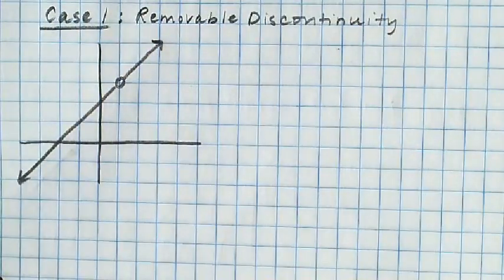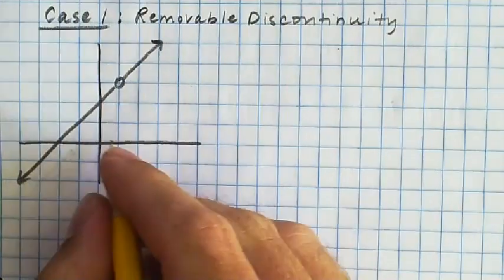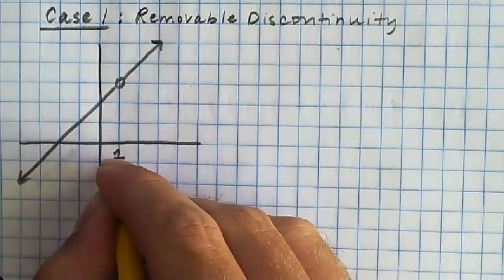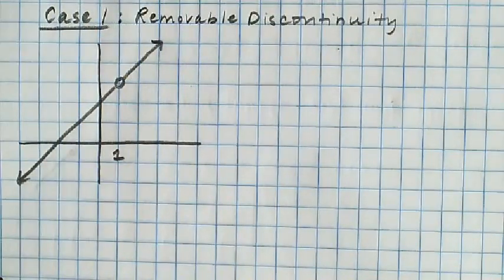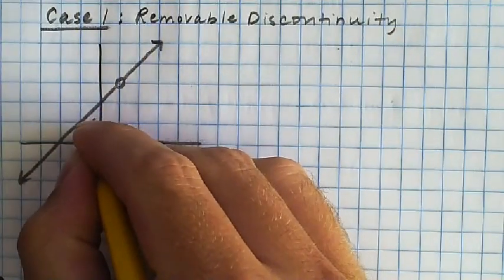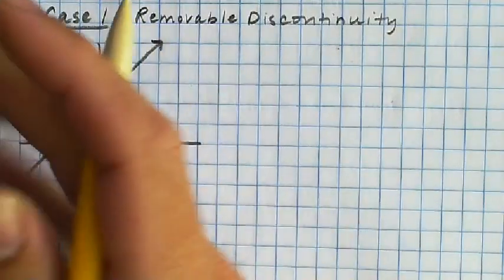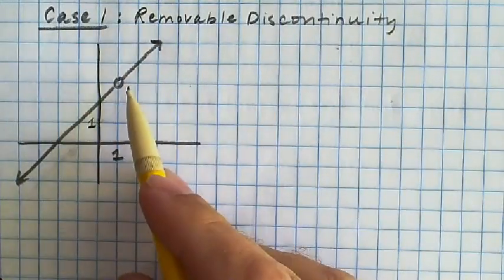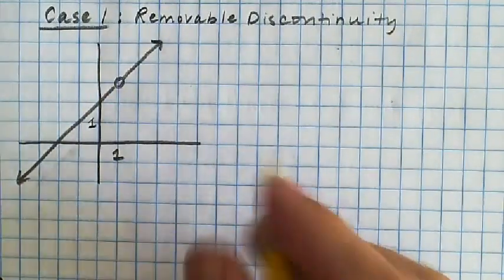Alright, so we've got ourselves a nice line with a hole in it. And it appears that this hole is at the place where x equals 1. Okay, and then, if we're to believe that the y scale is also 1 per square, then this is the graph of y equals x plus 2, but with a hole at x equals 1.